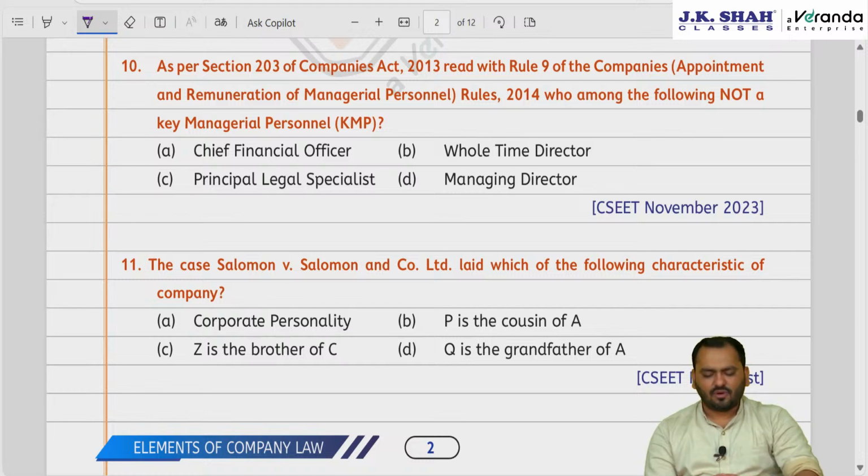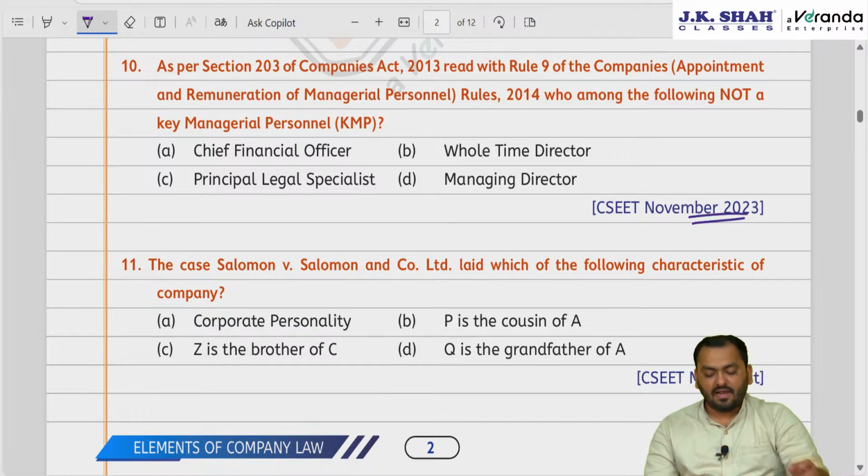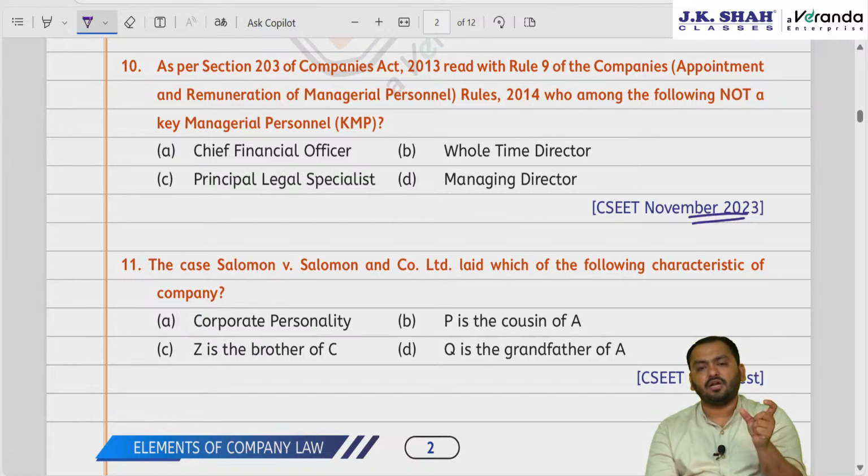So if we need to answer this question, firstly we should see this question was asked in CS exam November 23 attempt, right? And secondly, who all are considered as KMP? So if I go to the definition of KMP, it is given in section number 2, clause number 51 of Companies Act 2013.